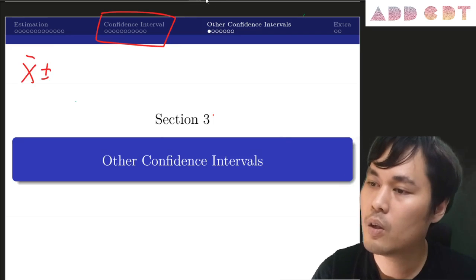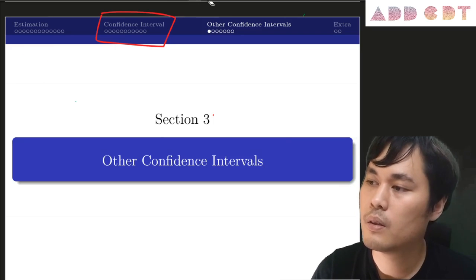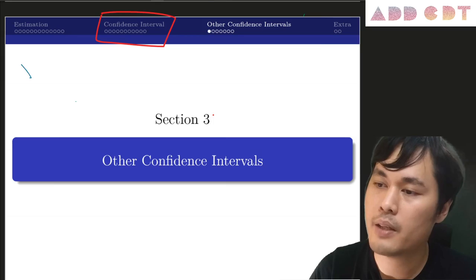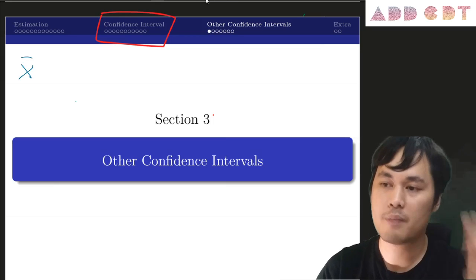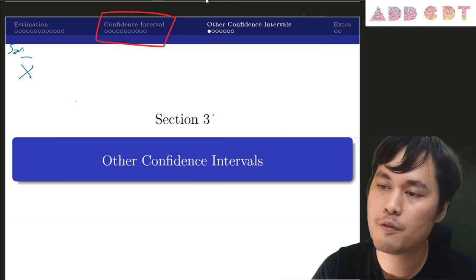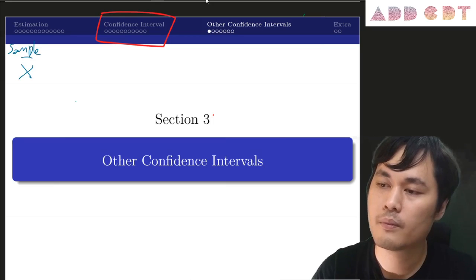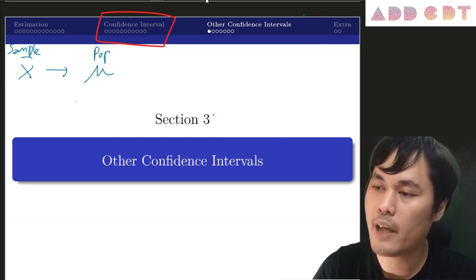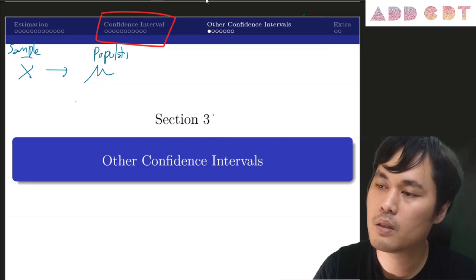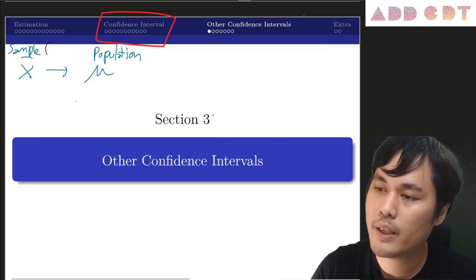The goal was to estimate. You use the x bar, you use the information from the sample to estimate mu, the actual population mu. We're trying to estimate.